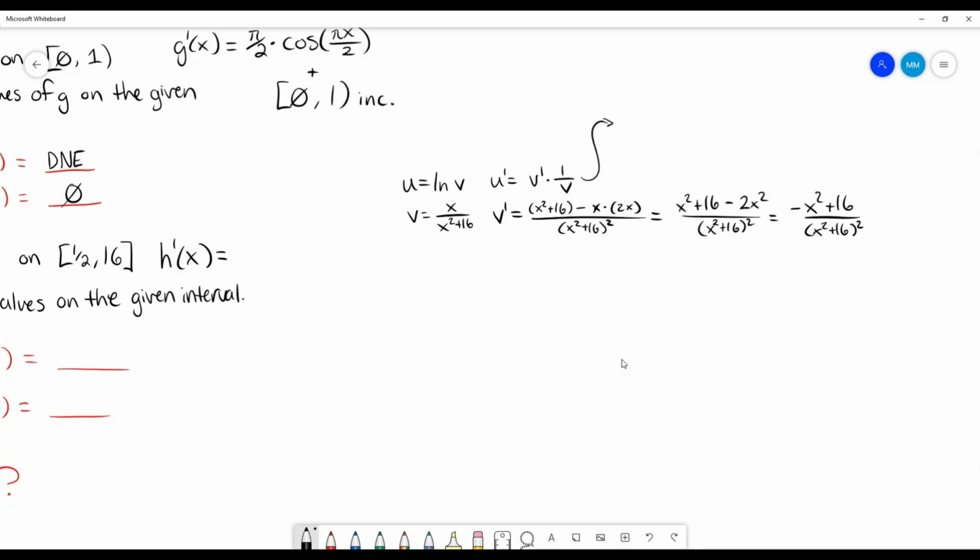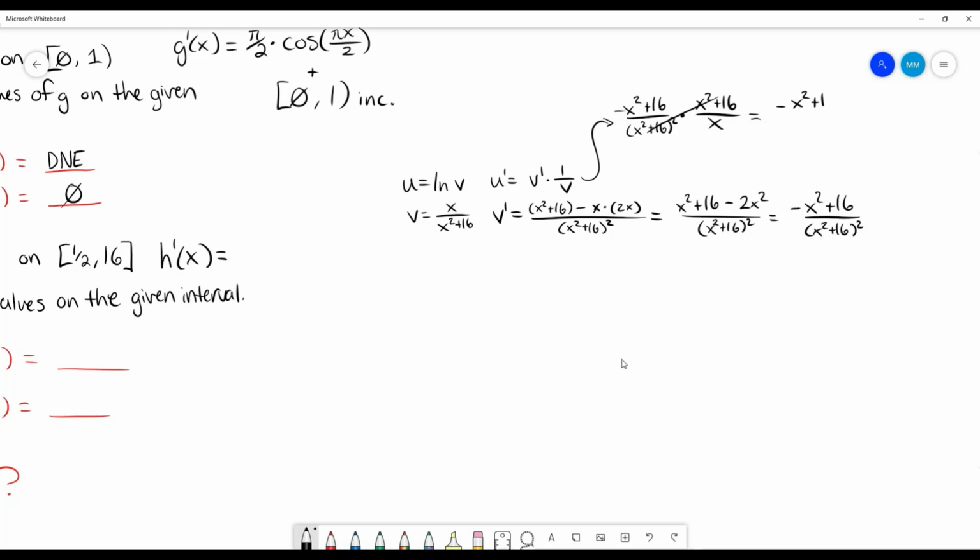So then if I plug that in up here, it's going to be this, which is that derivative we just found, times 1 over v, which is, if it's 1 over a quotient, it's going to flip that on its head. So it's going to be x squared plus 16 over x, in which case I see an x squared plus 16 cancels, but this is squared, so there's still an x squared plus 16 down there.